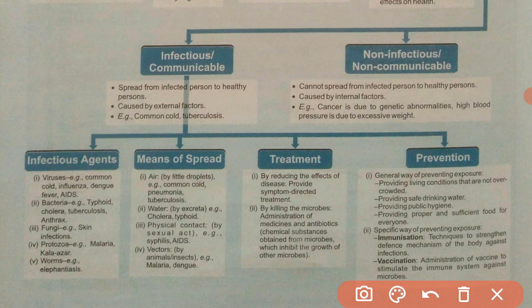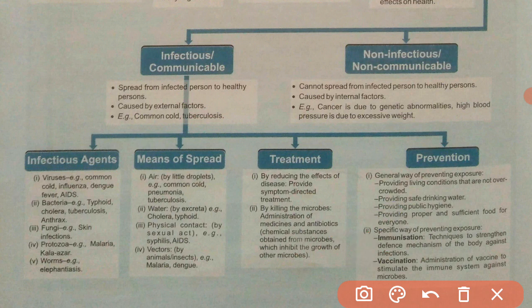In prevention, we talked about two main ways to prevent any disease: general and specific. In the general way, we use basic methods to save our body from infection, and in the specific way we use a method based on a particular disease, like immunization and vaccination.